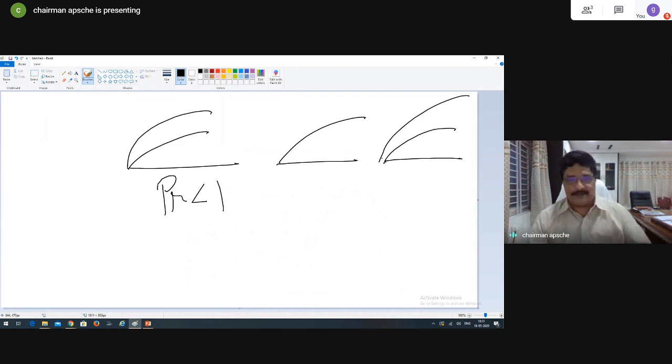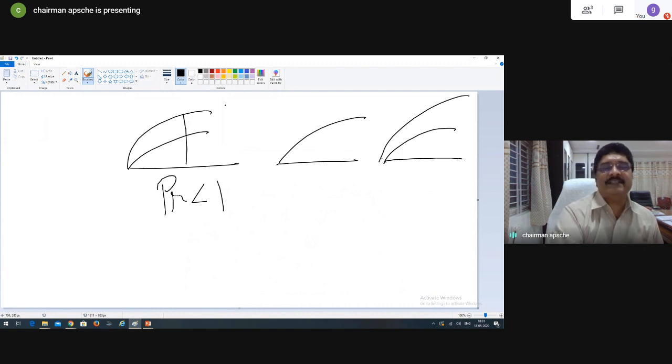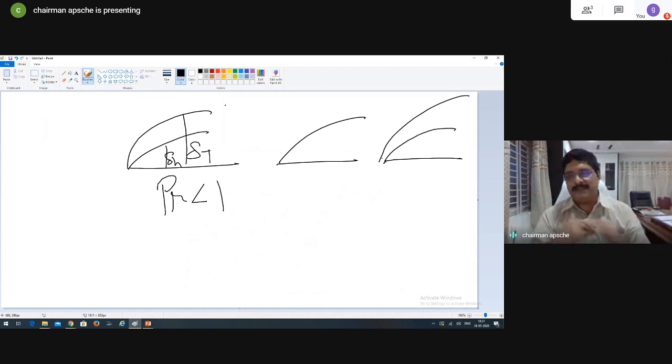Alpha is in the denominator. When it is less than 1, thermal diffusion is greater than the momentum diffusion. So what does it mean? When Prandtl number is less than 1, this will become delta T and this will become delta H, meaning the hydrodynamic boundary layer thickness is less than the thermal boundary layer at all x values.